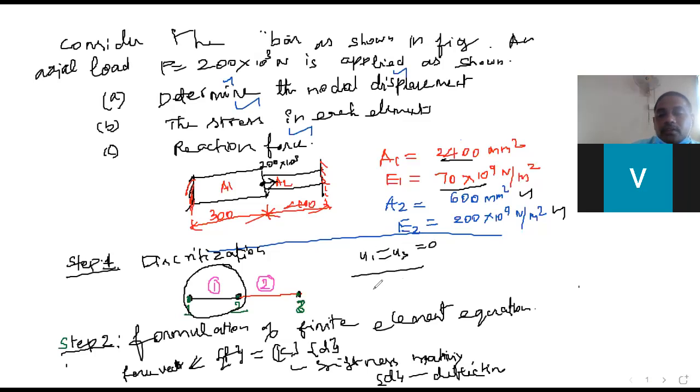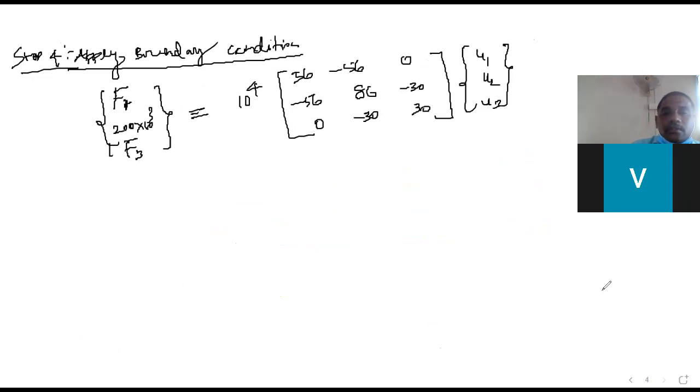If the deflection is 0, the corresponding row and column can be eliminated. So the first row and first column can be eliminated since u1 is equal to 0, and the third column and third row can be eliminated since u3 is equal to 0. Similarly we can eliminate f3 as well.